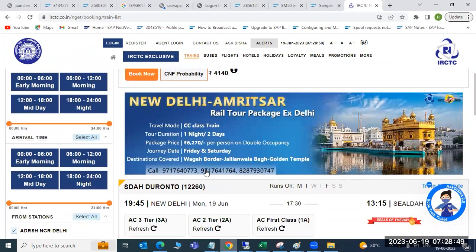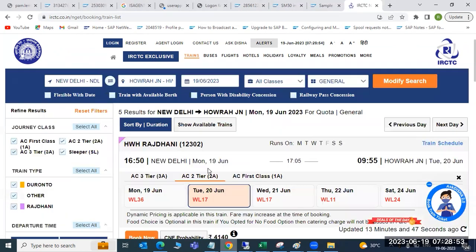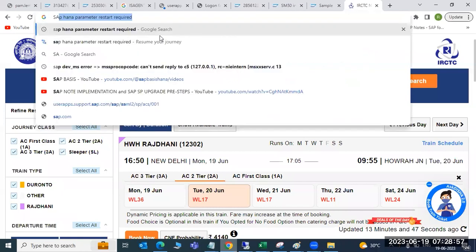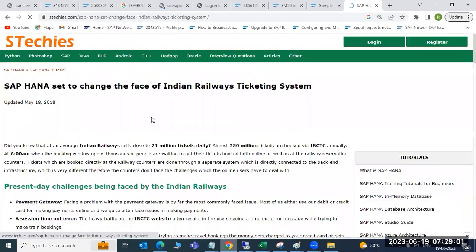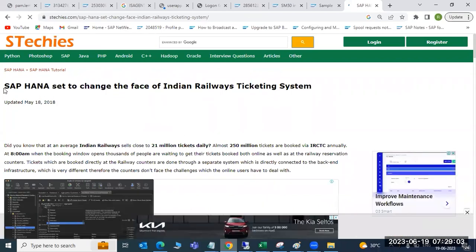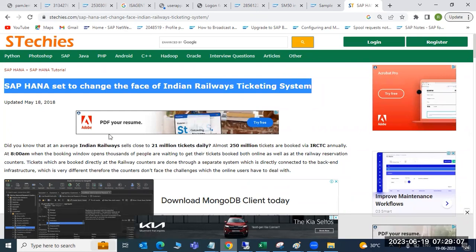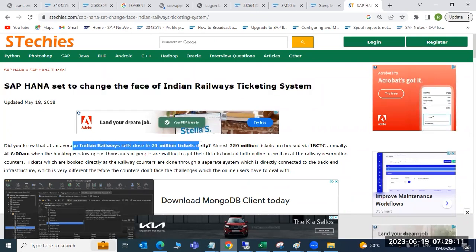Why? Because our central government implemented SAP for IRCTC, and especially their database is the HANA database. You can see per day, 21 million.